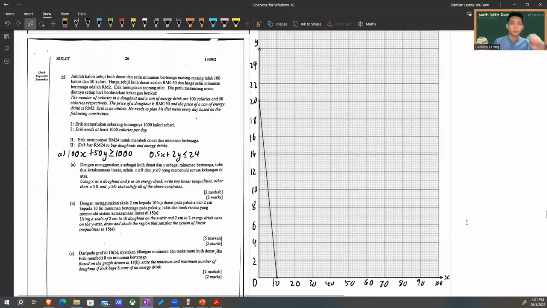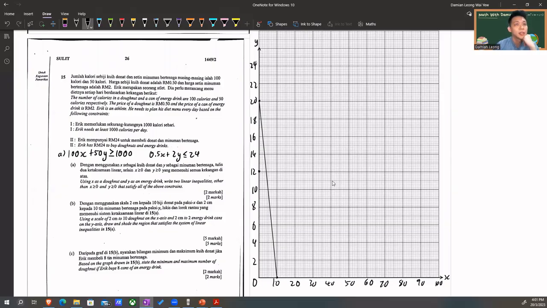Then 0.5x plus 2y equals 24. Again, if x is 0, 2y is 24, y is 12. Here.